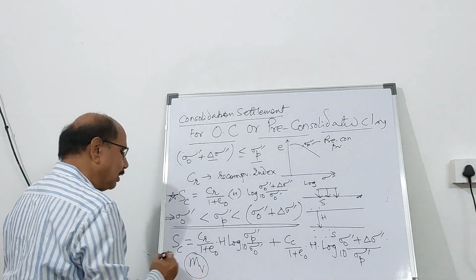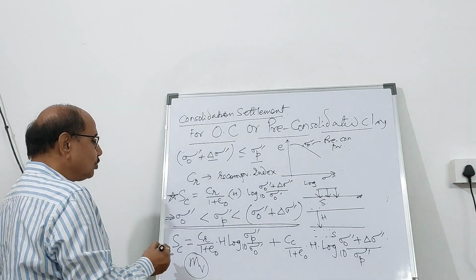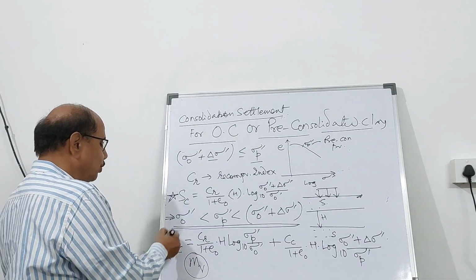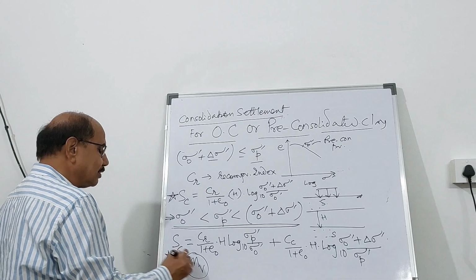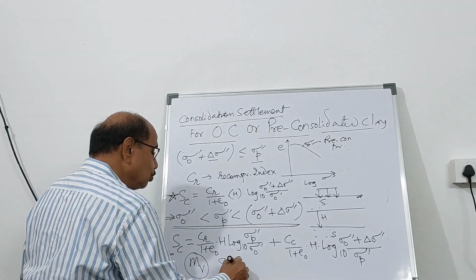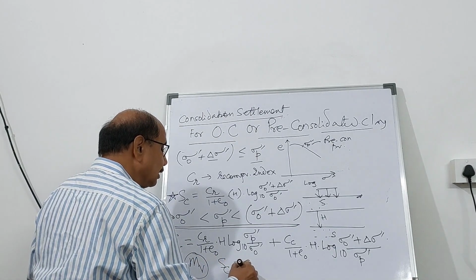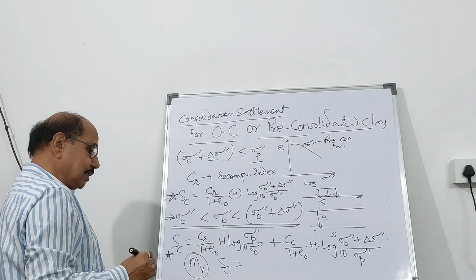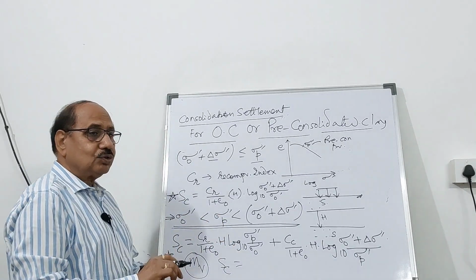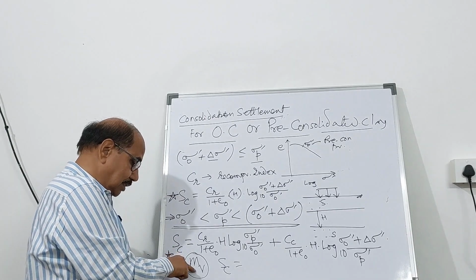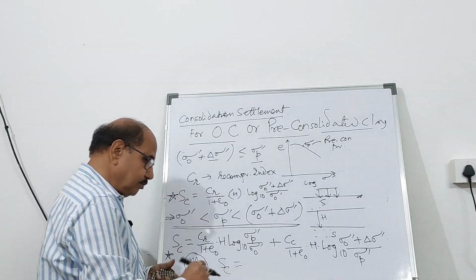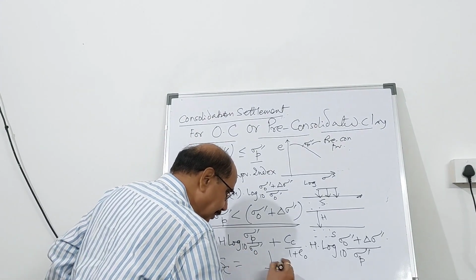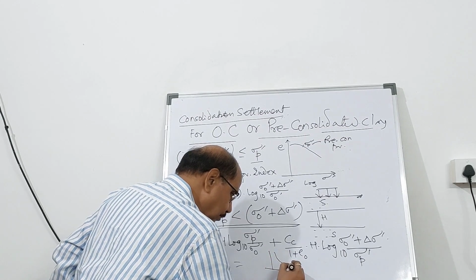So some of the problems we will be doing in the next video compute the consolidation settlement using Cc, using CR, using mv. So mv, of course, is for different pressure ranges, because the variation of mv is going to be like this.